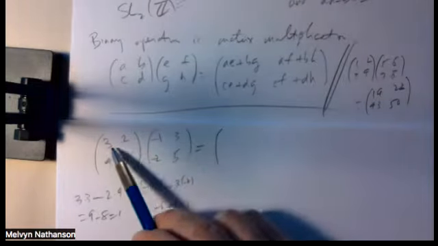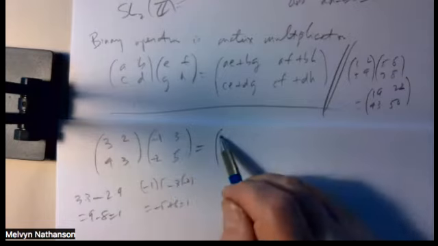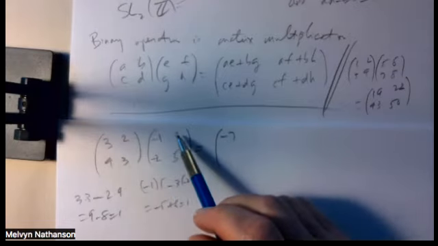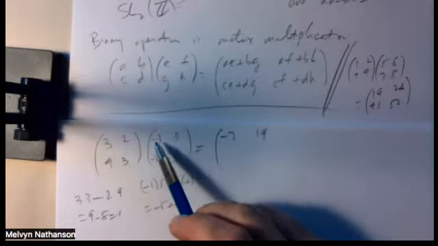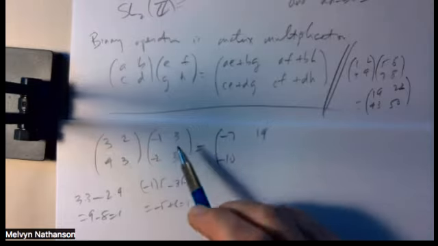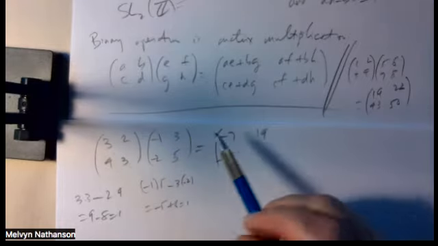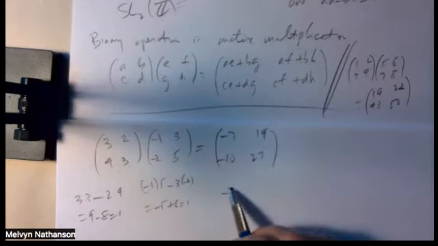When I multiply them, I get minus 3 minus 4 is minus 7, 9 plus 10 is 19, minus 4 minus 6 is minus 10, 12 plus 15 is 27. So that's the product. And what is the determinant? It's minus 7 times 27 minus 19 times minus 10.